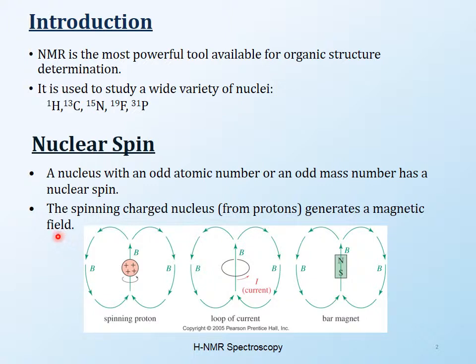This is the magnetic field that we end up studying in NMR. So when you have odd numbers like 1, 13, 15, that helps to generate the magnetic field, and that is how we study the NMR. You need an odd mass number in order to study that nucleus in NMR.